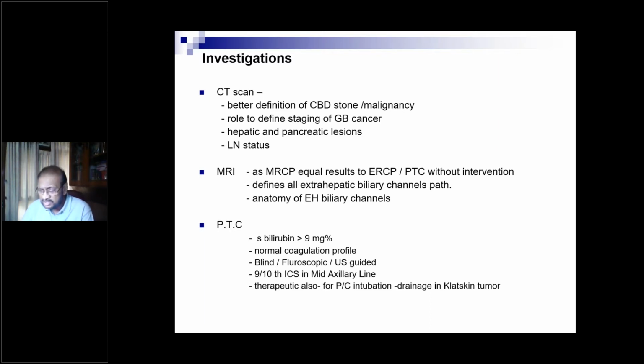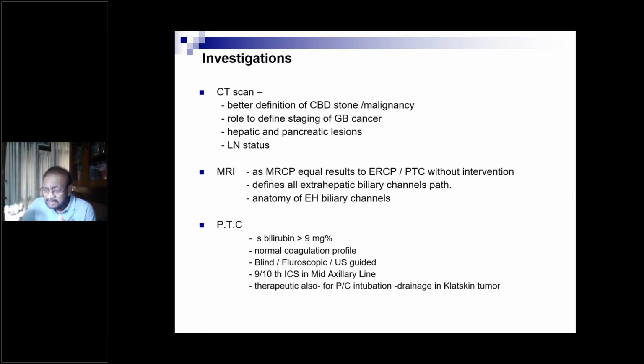And then comes the PTC, or percutaneous transhepatic cholangiogram. How is it done? It's basically done by putting a needle in the 9th to 10th intercostal space in the mid-axillary line. And you have to have certain prerequisites. Number one, you should have a normal coagulation profile. And number two, the serum bilirubin should be more than 9 mg% to have a very good PTC scan.